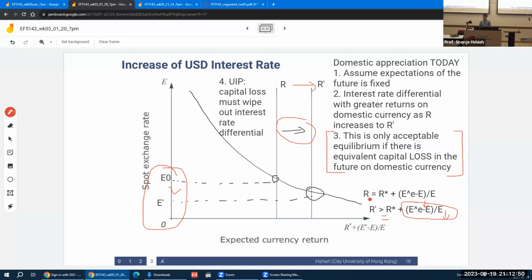The reason is because if you look at the UIP equation, you have to make room for E hat E minus E over E to get big, to be large enough to completely offset this increase from R to R prime. So the currency strengthens today so that it has more room, so to speak, to depreciate in the future.